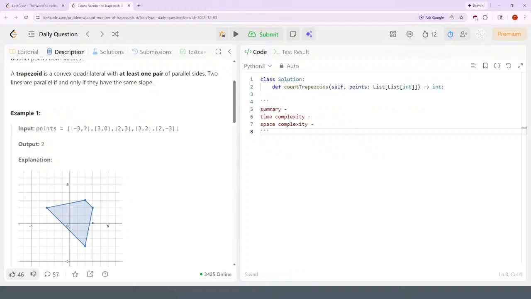Then have a dictionary so that for every slope you know what the y coordinates are of the lines that had that slope, and also the count of the points.